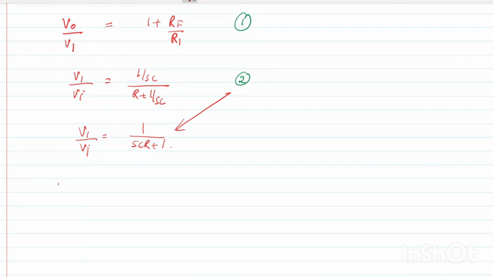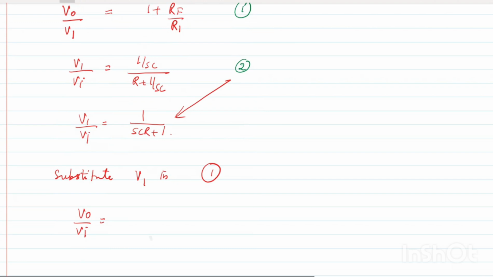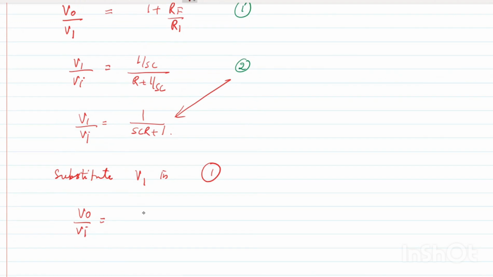So what will be if you substitute value of V1 in equation number 1? What you'll get? VO by VI equals to, दोनों को मल्टीप्लाई करेंगे तो भी आ जाएगा. Multiply 1 and 2 you'll get, right? What is this? 1 plus RF upon R1, 1 upon SCR plus 1.